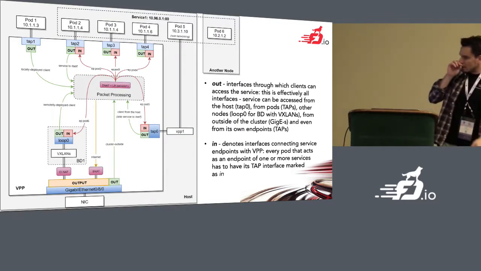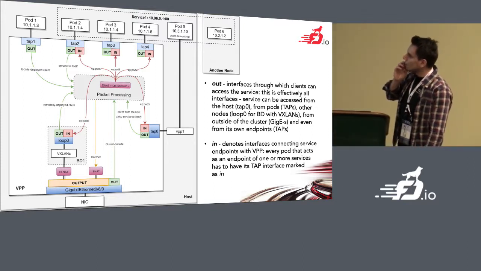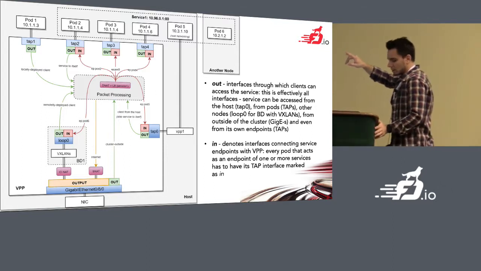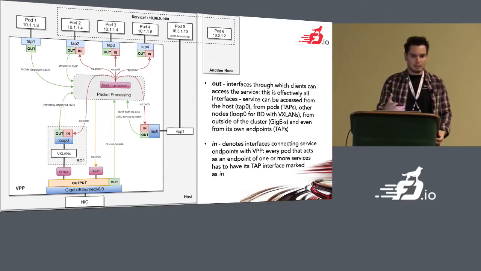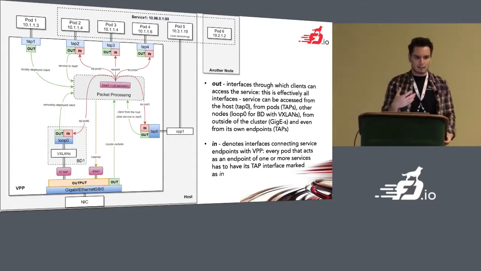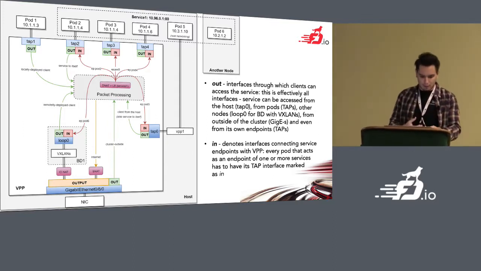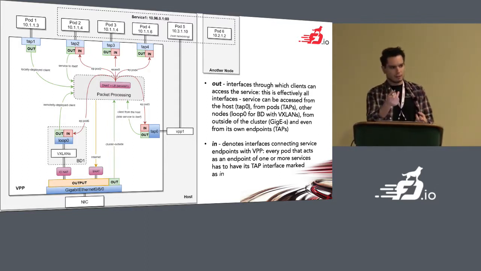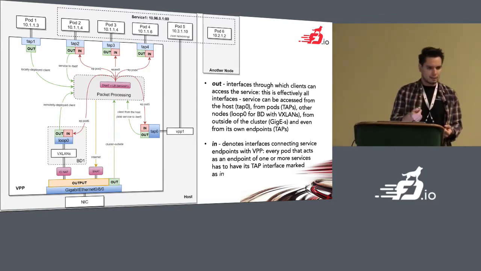And this is how the configuration looks. As you can see, we have 4 pods that run behind the service. Pod 1 actually is a client, so its interface is classified as out, whereas tap 2, tap 3, and tap 4 are both out and in because they are connected to VPP to provide the service, but they can also act as clients.